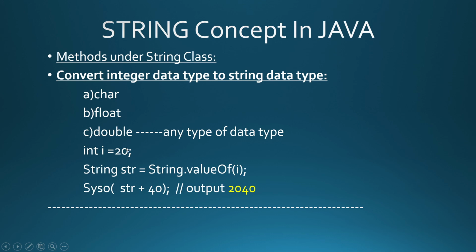For example, here I am taking integer to string. We can initialize one string with the help of the String class, with the valueOf method. This I here is the integer data type, and now I am going to convert it into string data type. You can see here str plus 40. Now we will get the console output as 2040 in string format.